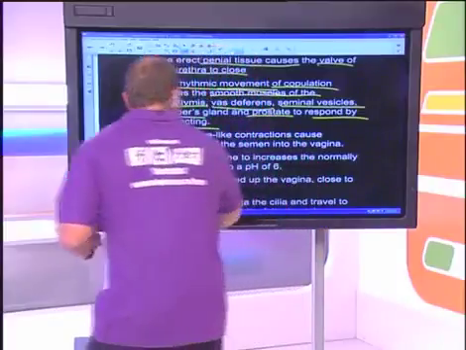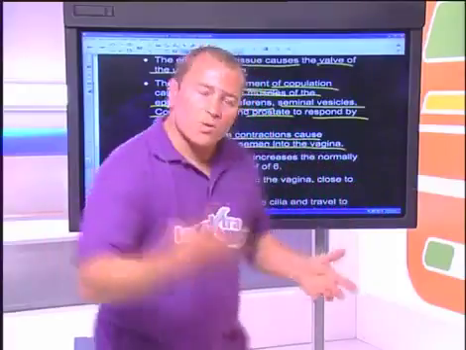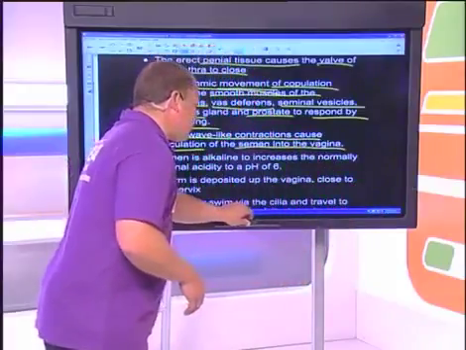Now, these wave-like contractions cause ejaculation. Cool. Now, when you ejaculate, you put the semen and the sperm inside the vagina. Now, we as men like helping because our job is to fertilize. Our job is to copulate and to make as many children as possible. I know it's a bad way of looking at it, but you must understand that we are still animals.